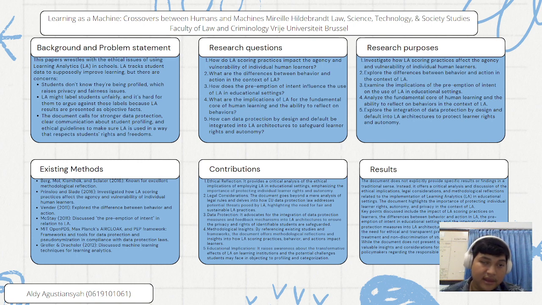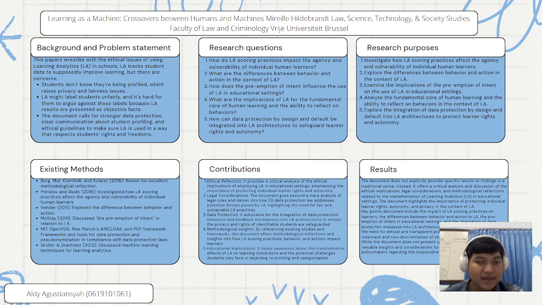While Prinsloo and Slade investigate how LA scoring practice affect the agency and vulnerability of individual human learners. Fender explored the differences between behavior and action. Buxtey discussed the preemption of intent in relation to LA.